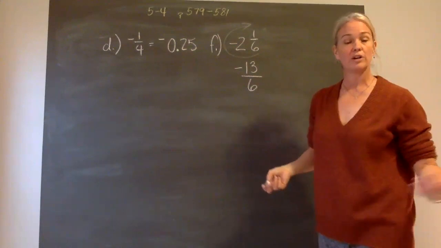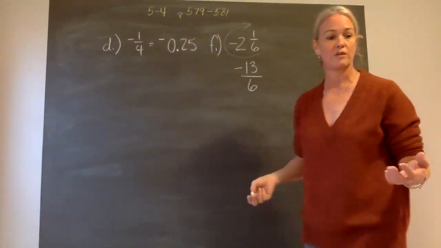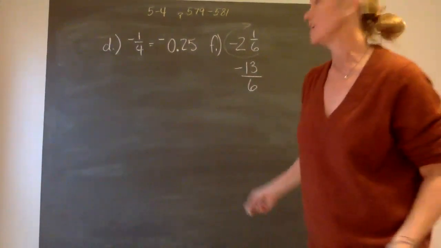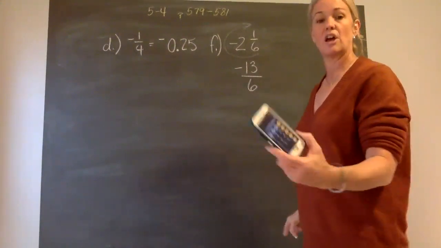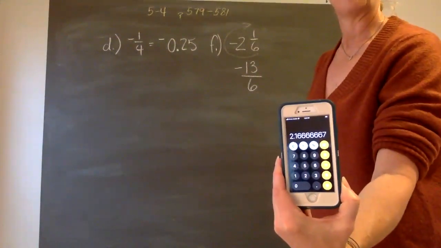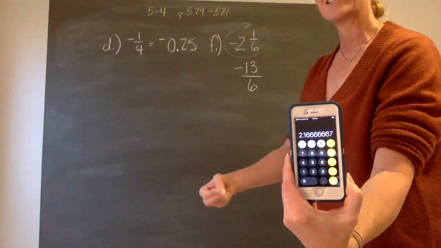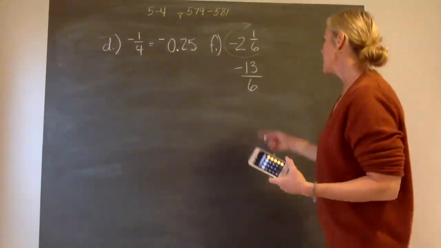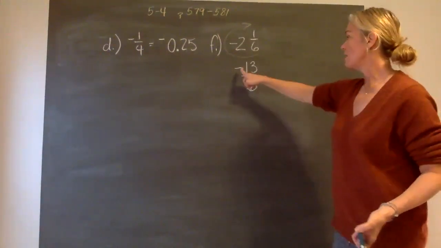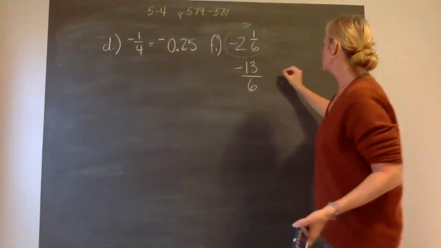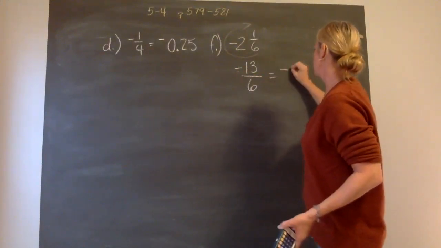Now, whether you use your calculator or do it by hand, this is what you end up with if you take 13 and divide it by 6: 2.166666667. We have to remember a couple of things. First, this is negative.